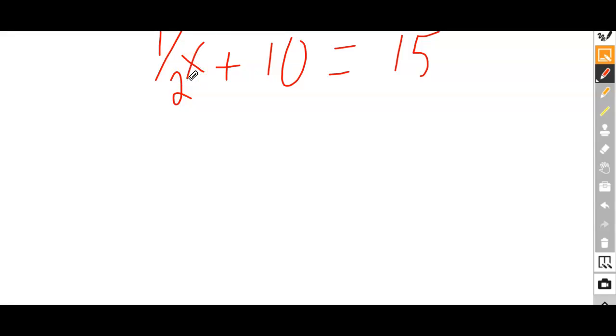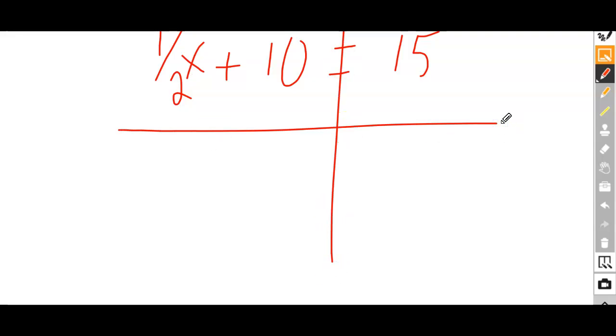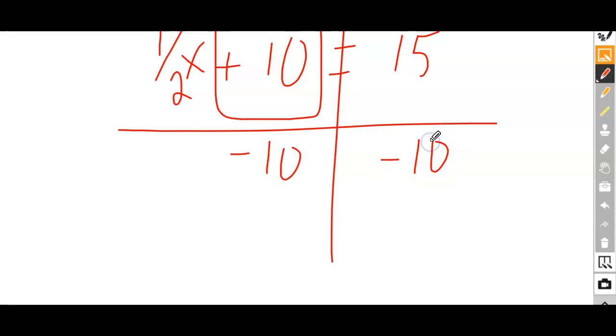It's right there. All right. So we make our t-charts. Got to get rid of the addition and subtraction first. So the opposite of plus 10 is -10. So we're going to subtract 10 on both sides. Leaves me with 1/2 x equals 5.